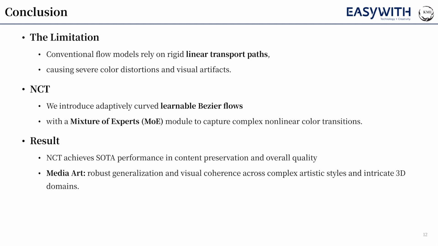Furthermore, the integration of the mixture of experts module drastically improves generalization, enabling robust performance even in high-resolution, texture-rich scenarios. Particularly on the media art, NCT consistently outperforms other baselines across most metrics. This explicitly proves our framework's robust generalization and visual coherence, even when handling highly complex artistic styles and intricate.